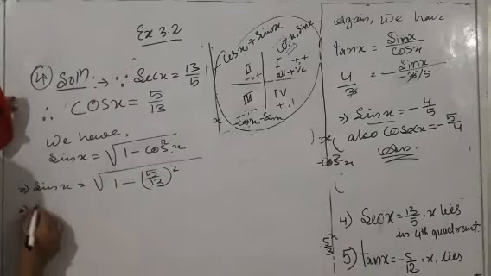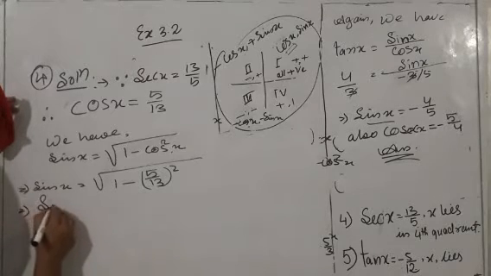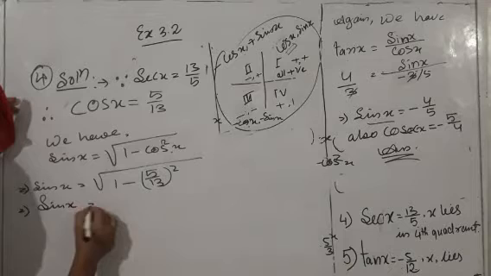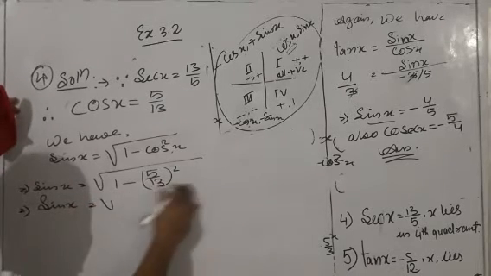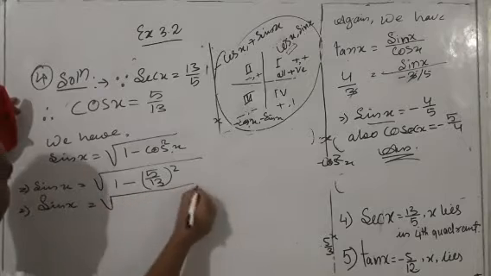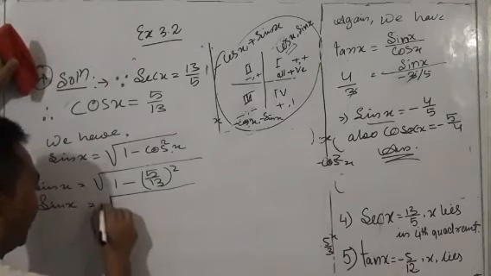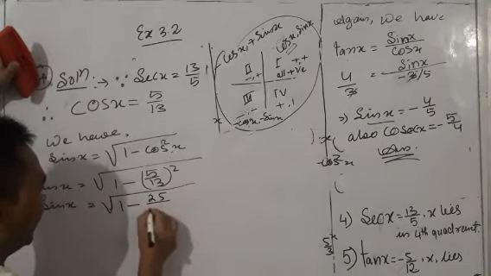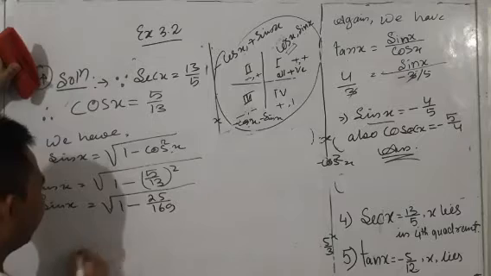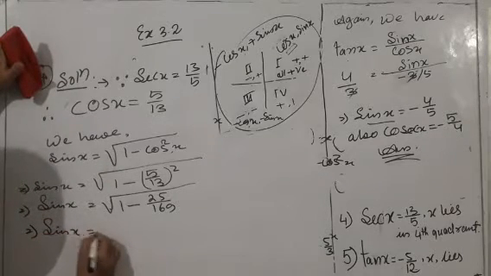So that gives equal to what? Sin x equal to under root of 1 minus, it will be 25 upon 169.